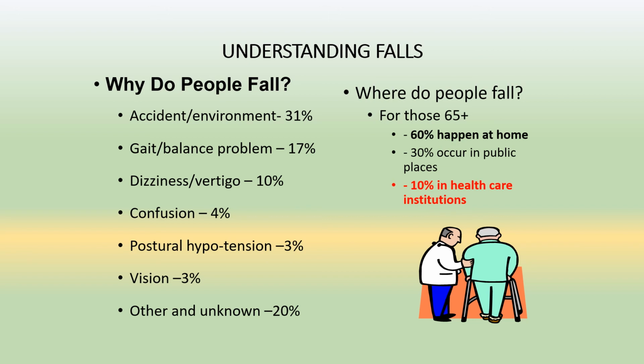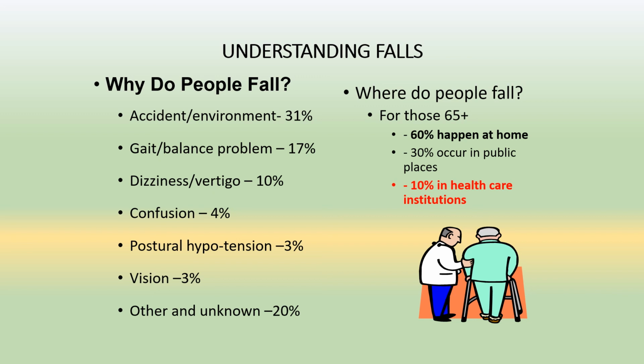We have talked about this in our previous lectures, that in older adults, whenever they have a change in their homeostasis or in pain perception, they start to manifest it as being confused. Postural hypotension in 3% of people, vision in 3% of people, and then also 20% are unknown. They do fall because of unknown reasons.